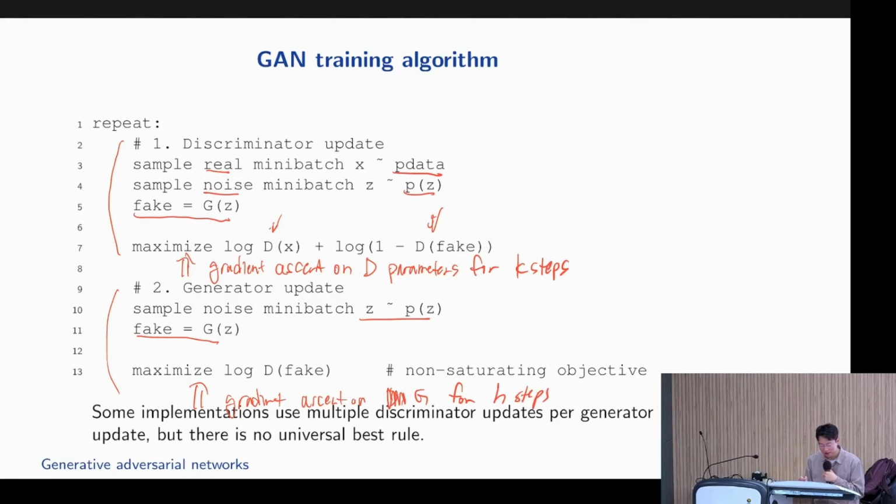How many steps? Black magic. The learning rate for the discriminator versus the generator is black magic as well.